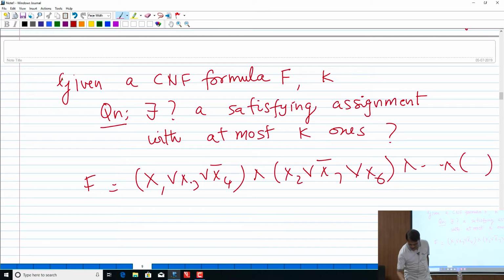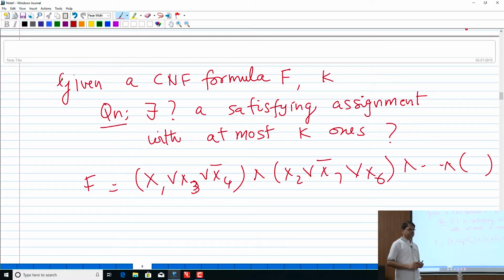That's our formula. I want a satisfying assignment which sets at most k variables to 1. A brute force approach would be to try all possible n choose k assignments and check whether it is true, and we actually came up with an FPT algorithm for this problem using branching.